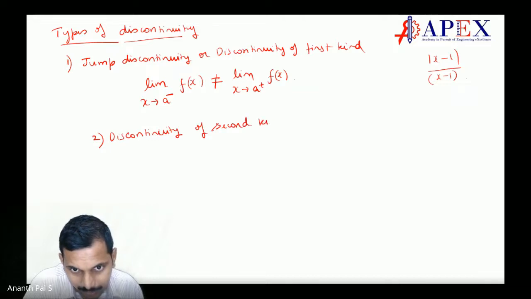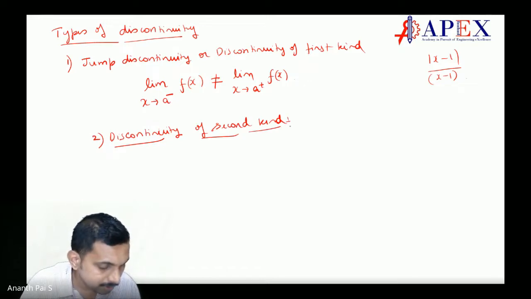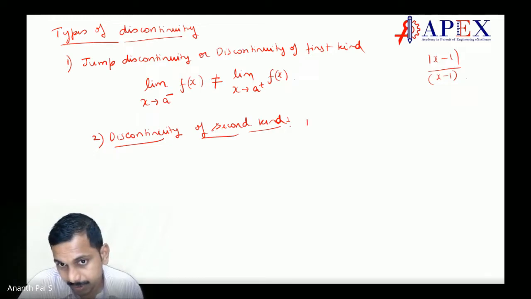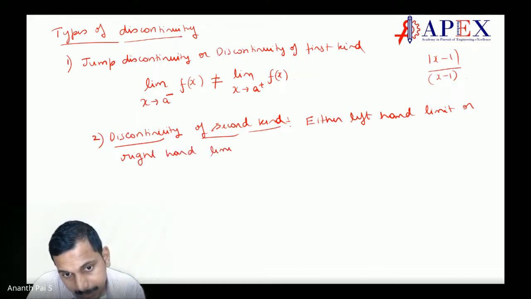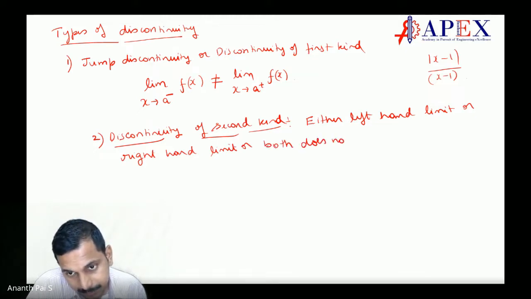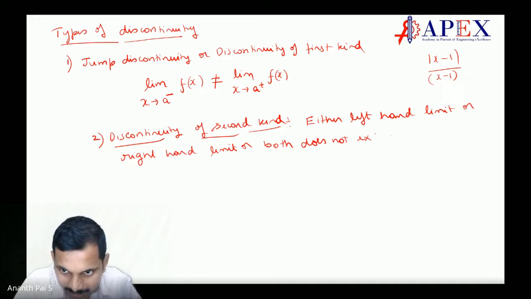Here what happens is either the left hand limit or right hand limit or both does not exist. If the limit does not exist, then it does not exist.